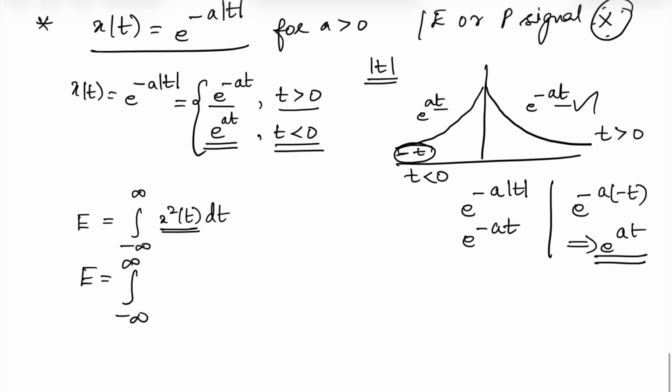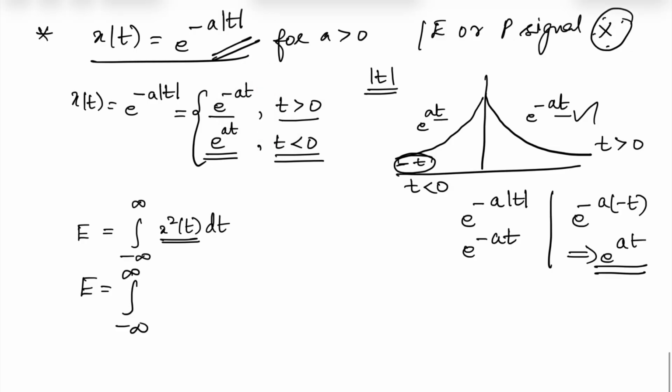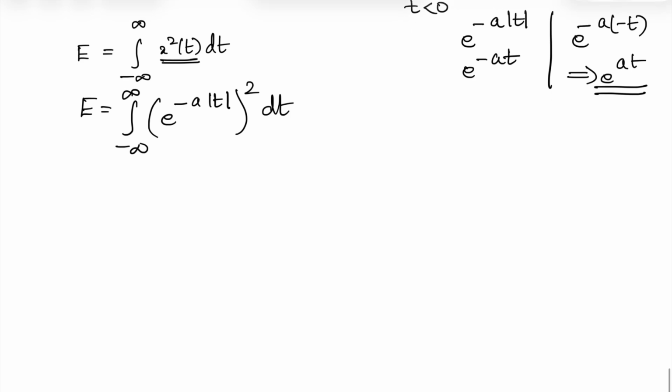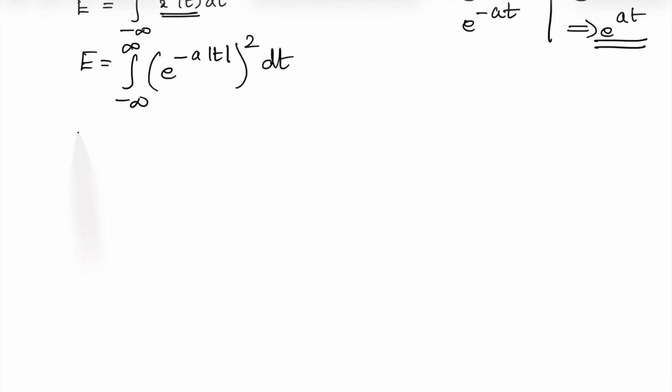It is e power minus a modulus of t, right? So I need to put the square into dt. So E is equal to integral minus infinity to plus infinity e power minus 2a modulus of t into dt.